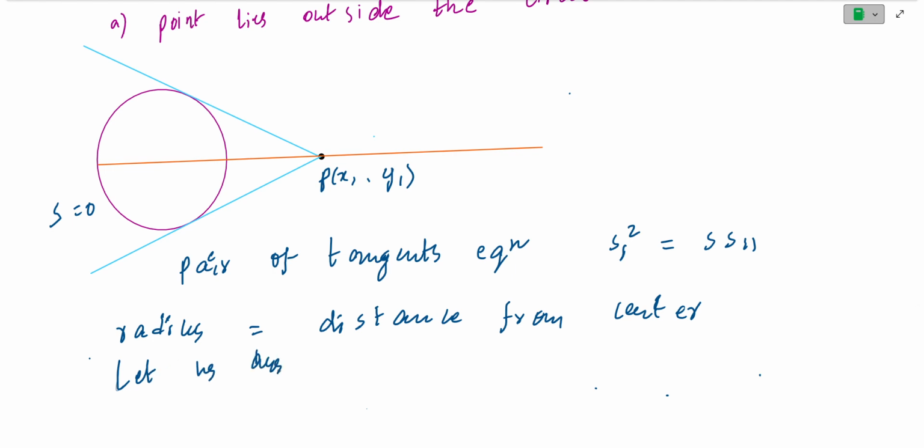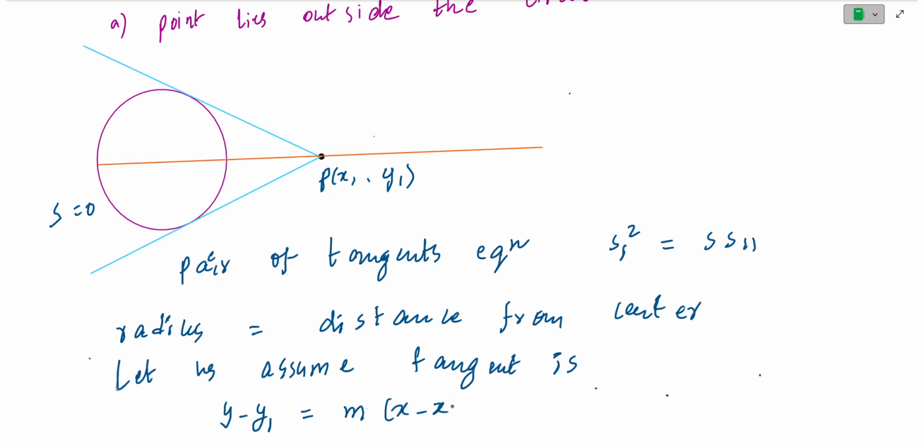Let us assume the tangent is y minus y1 is equal to m times of x minus x1.